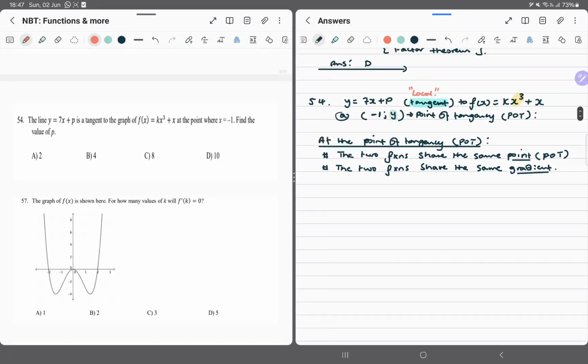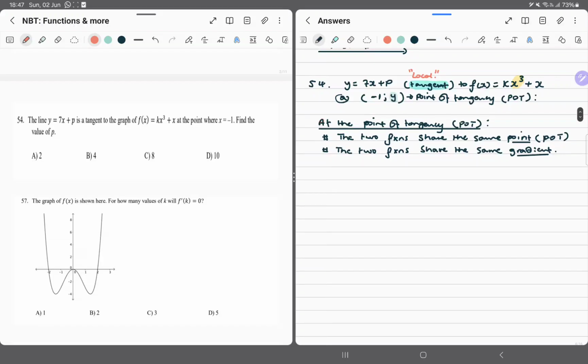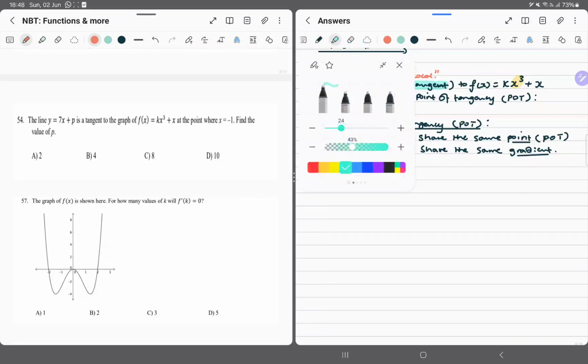So what does that mean? We can appreciate here that if we take our function f, the first derivative at minus 1 of our function f should be equal to the gradient of the line y, which is going to be 7, because the gradient here is a 7.